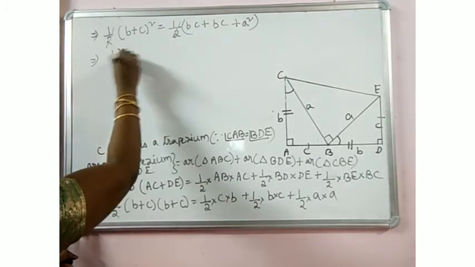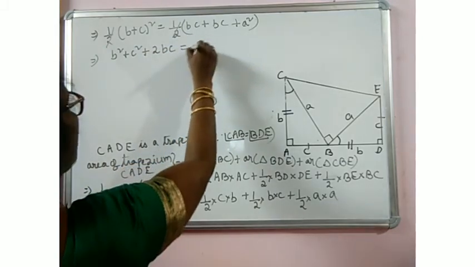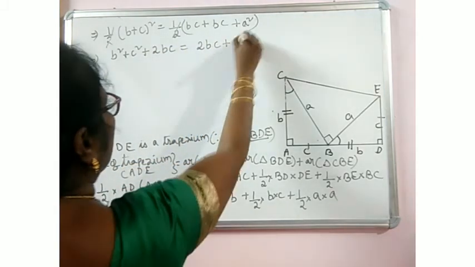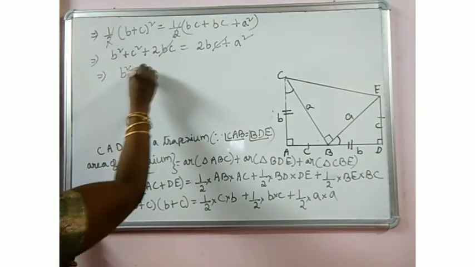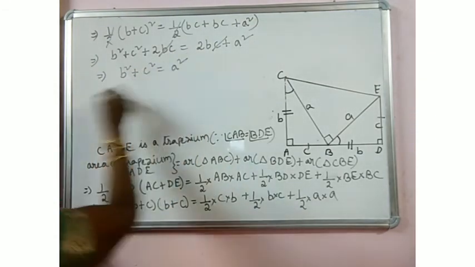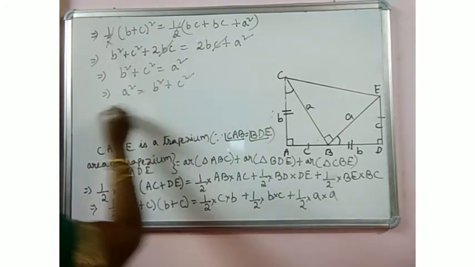That is b square plus c square plus 2bc. Here bc plus bc is 2bc plus a square. When 2bc is cancelled, we get b square plus c square is a square, or a square is equal to b square plus c square.